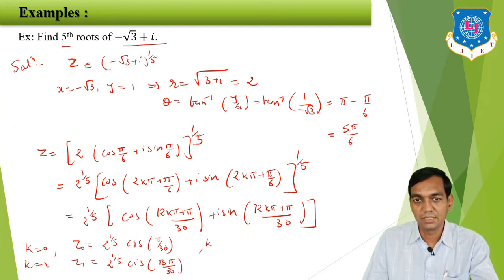Then k equal to 2, you will get z2 equal to 2 raised to 1 by 5 into cis 29 pi by 30.